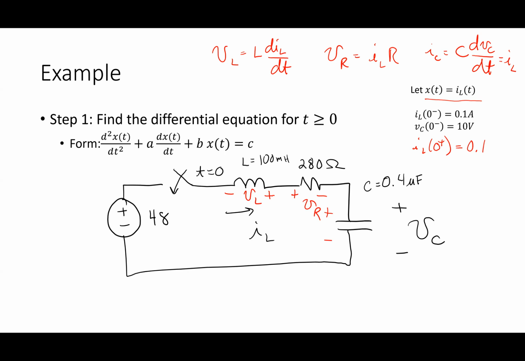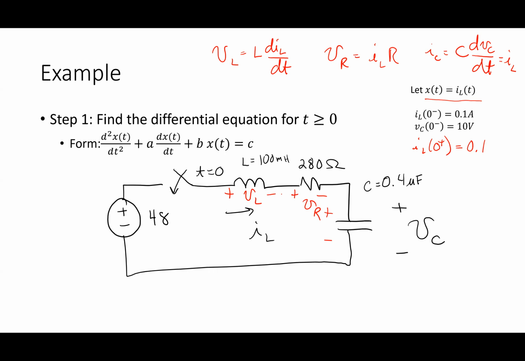I would have VL equals minus L di/dt. That's all it changes. So whatever polarity you write is fine as long as you write your equations consistent with your polarities. You're never wrong as long as you're consistent. So I'm going to keep it the way I had it.